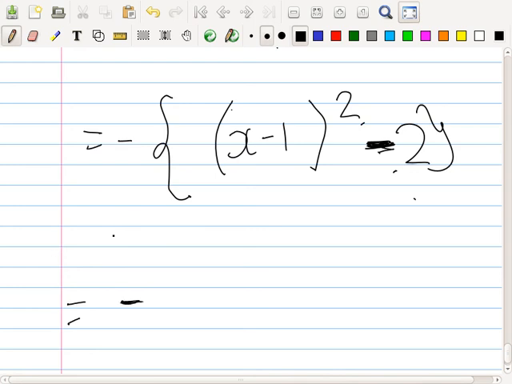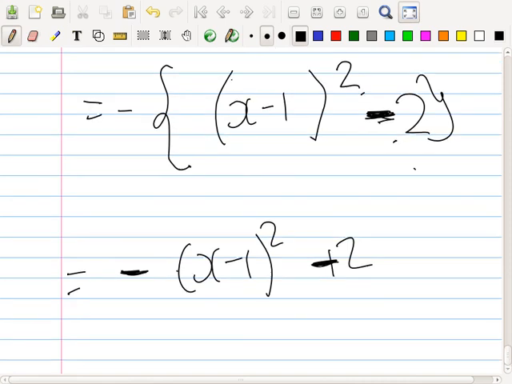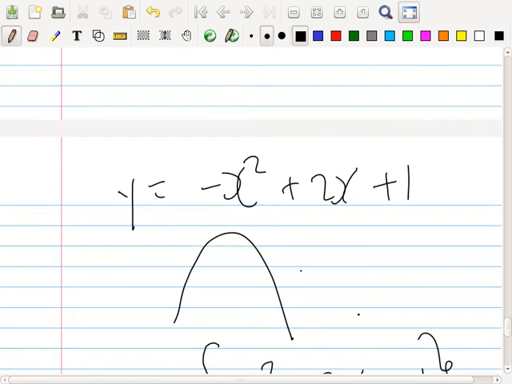So I get minus x minus 1 squared plus 2. So what's my point? 1 and 2. So on this example, the point at the top here is 1, 2.